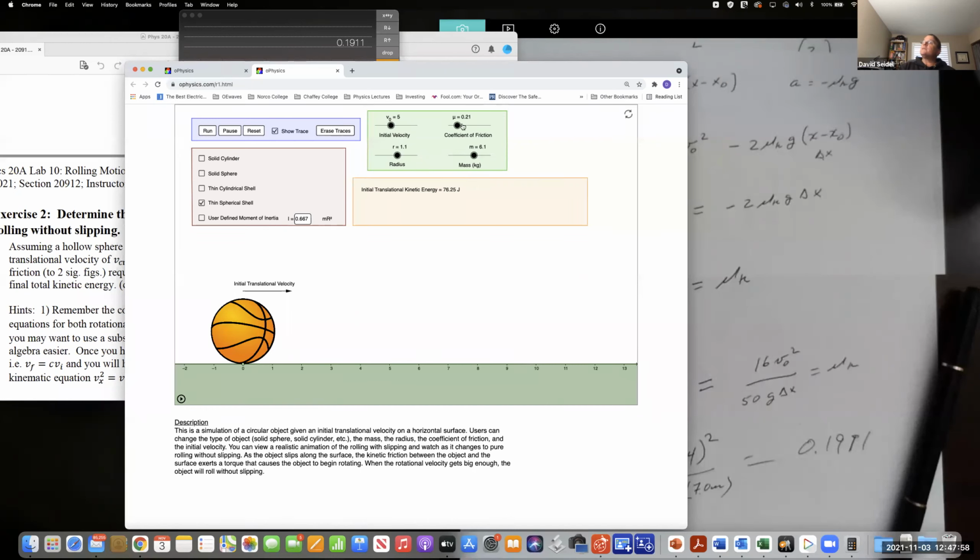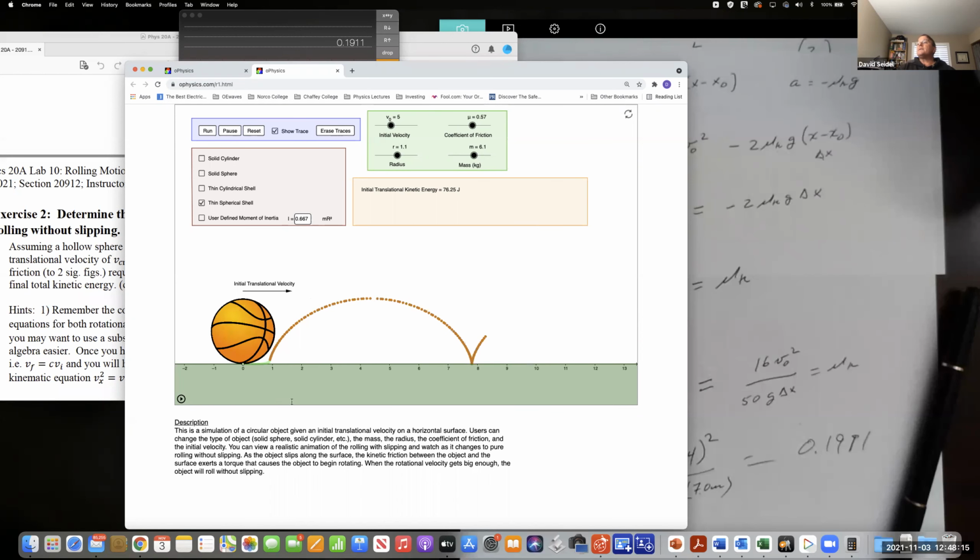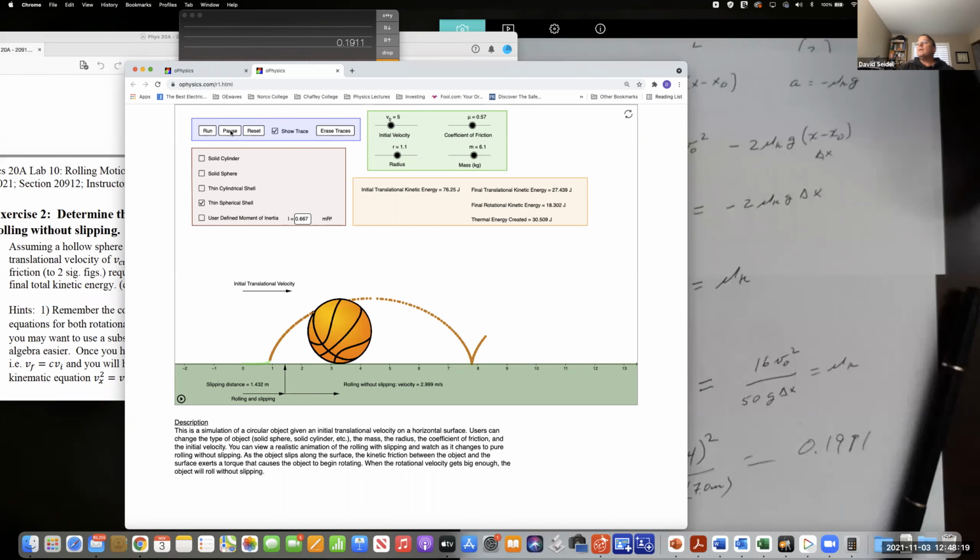But if I change the coefficient of friction and increase it, now I'm slowing it down faster and I'm adding more torque. So I run this, and clearly I reduce this slip distance. 1.432 by increasing friction.